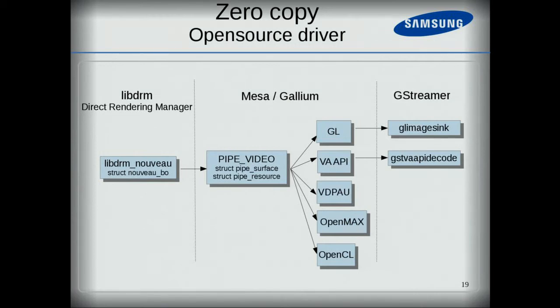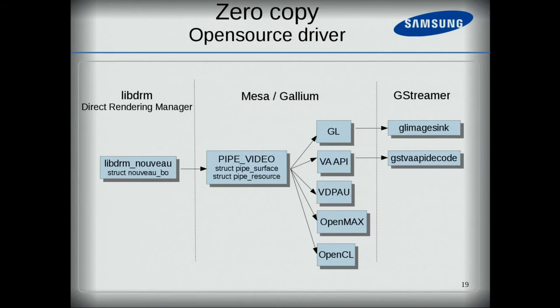I'm not sure if there is an official name for it, but everything is prefixed with pipe. So you have pipe surface, pipe resource. It's an internal API to Mesa Gallium, and when you have a new driver, you have a new libdrm, and the goal is to implement this interface by video with this libdrm.